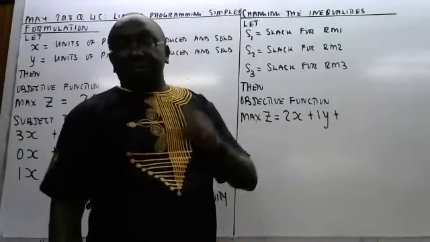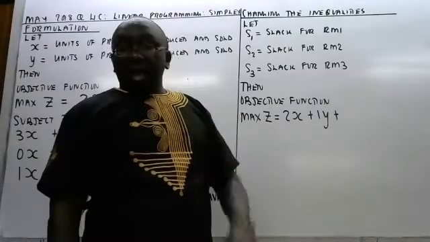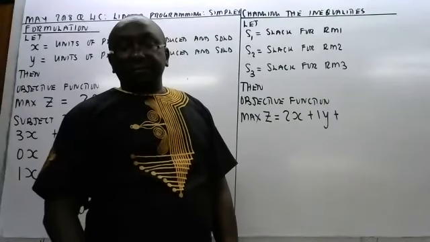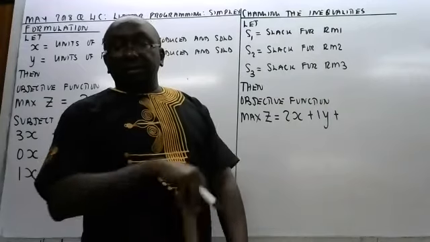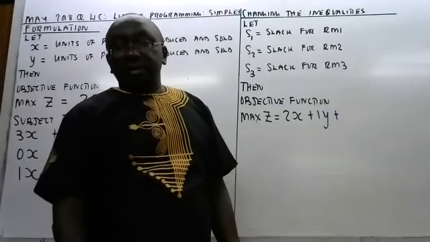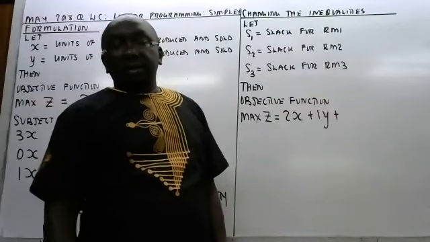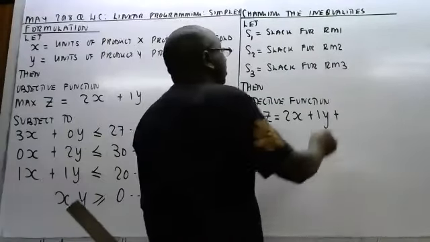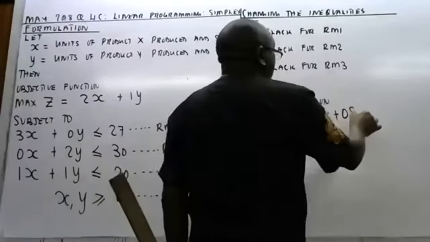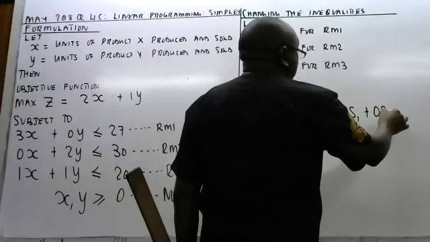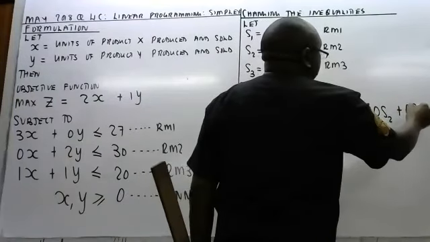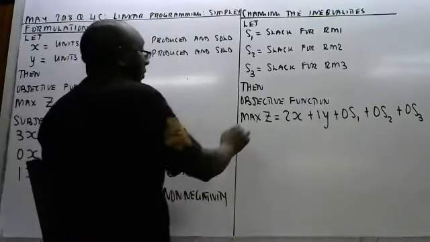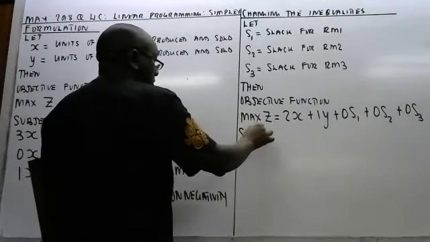Let me see whether someone remembers. They have a contribution margin of how much? Yes. Good. They have zeros. So this will be 0S1 plus 0S2 plus 0S3.